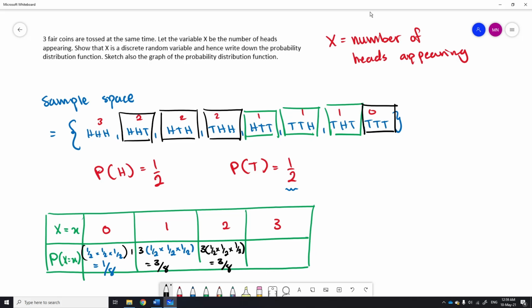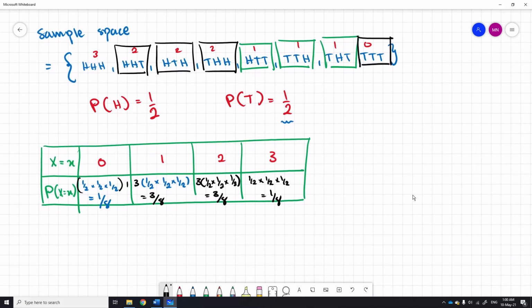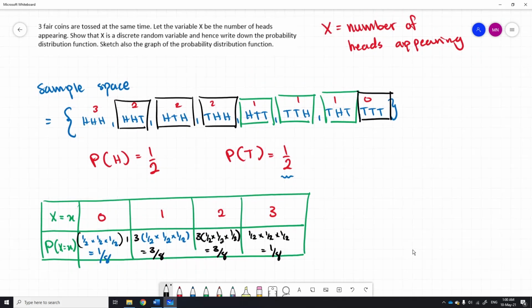And for 3 heads appear, that is 1 over 8. Okay. So this is the table, the probability distribution.